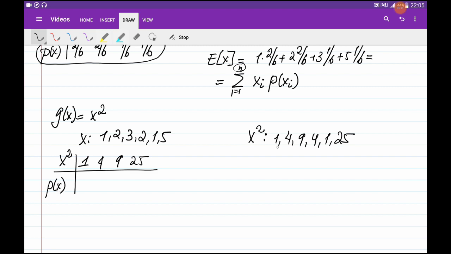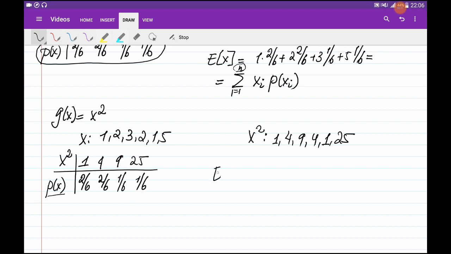So I can count how many times I've got 1, 2 times, and divide this by all possible outputs, so like all possible frequencies, which is 6, the total number of the frequencies. So I can calculate the probabilities by just dividing the frequency of every output by the total number of the frequencies. So here it will be 2 over 6, 2 over 6, 1 over 6, 1 over 6.